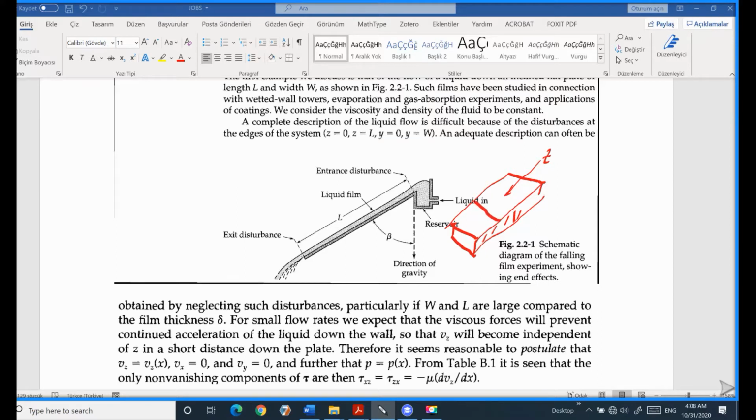This is going to be the y direction, and this is going to be the x direction. This is W that we represent, this y is equal to 0, and this y is equal to W, the thickness, and this z is equal to 0, z is equal to L, and x is here.